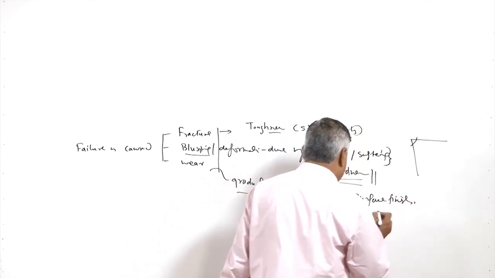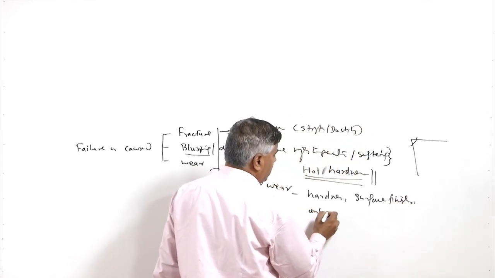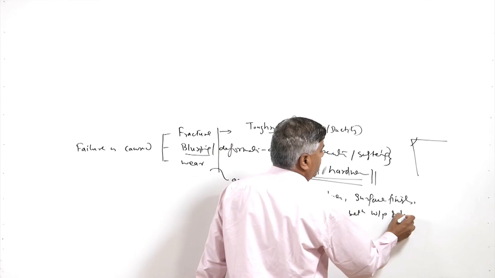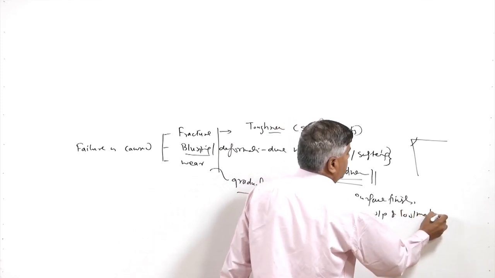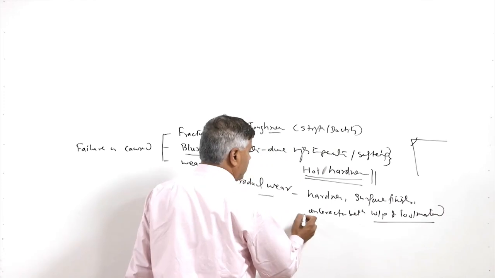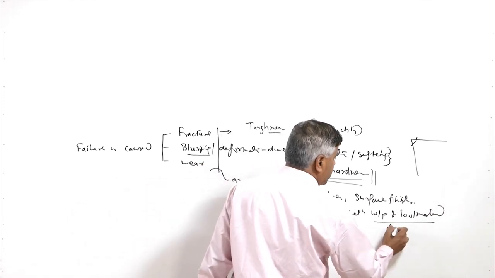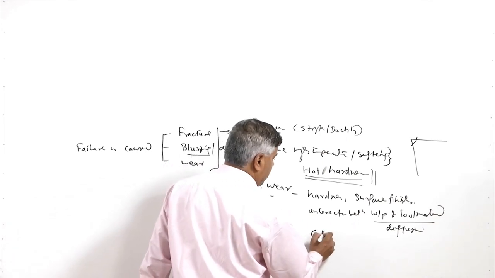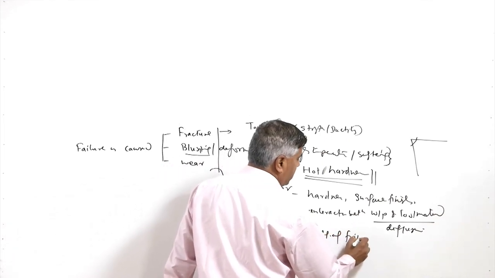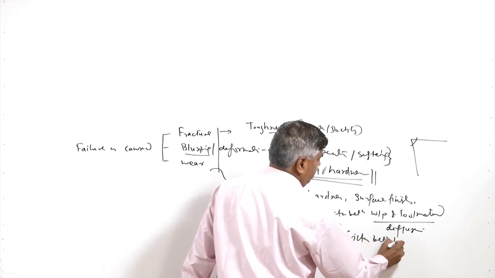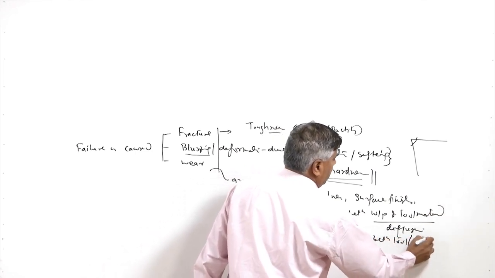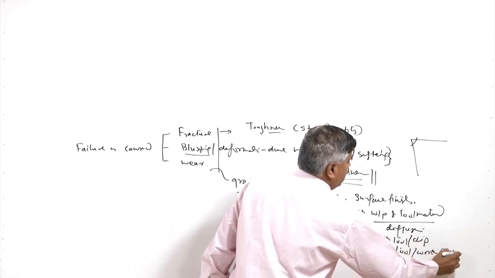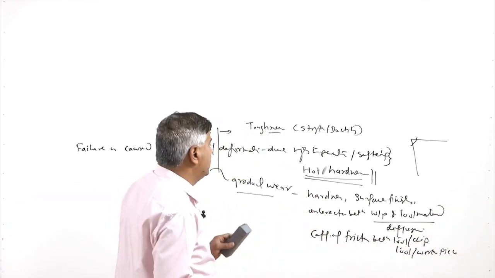Then the interaction between the workpiece and the tool materials also causes wear. This involves the diffusion of elements, and the coefficient of friction between the tool and the chip or the tool and workpiece also affects the wear of the tool.